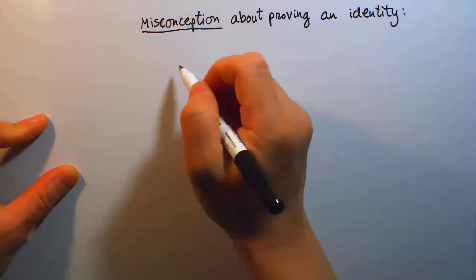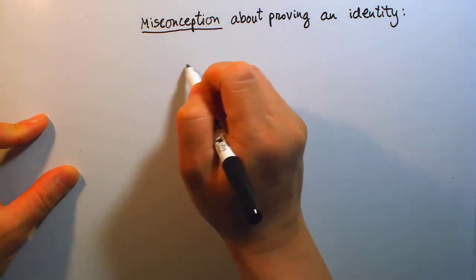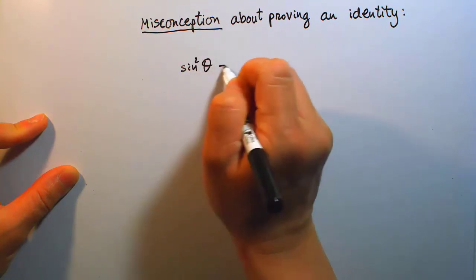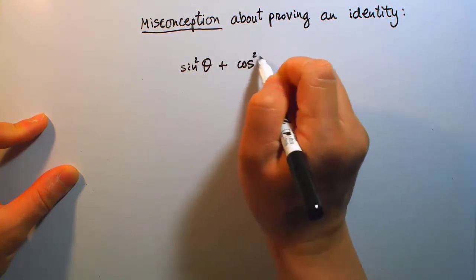Let's say we have sine square of theta plus cosine square of theta equals 1.